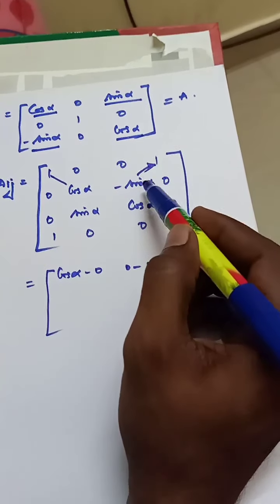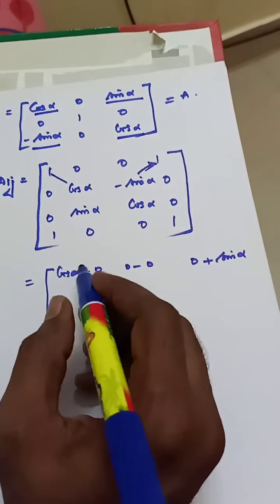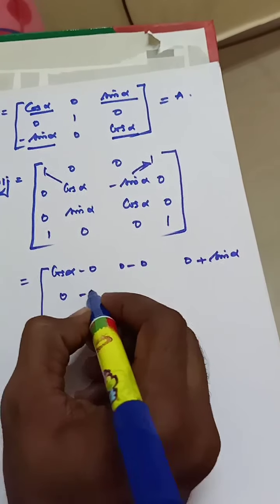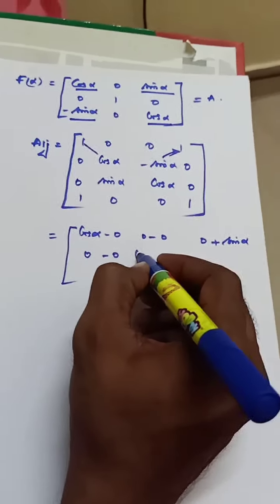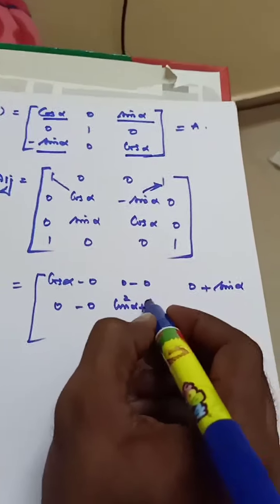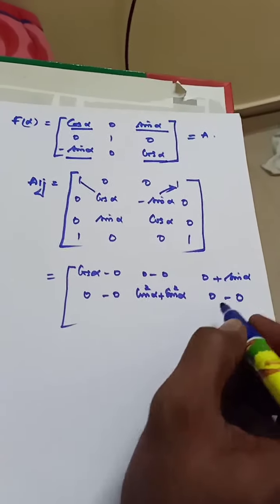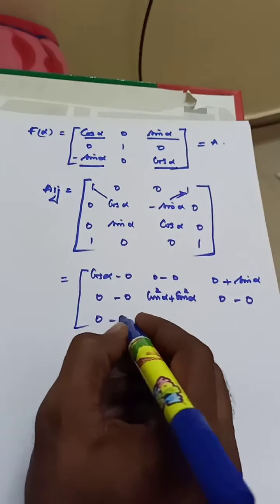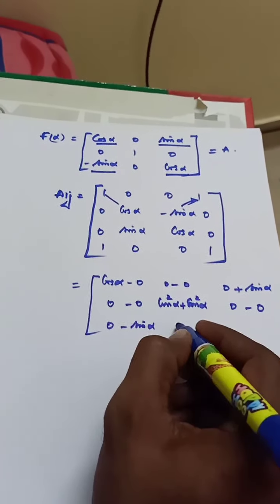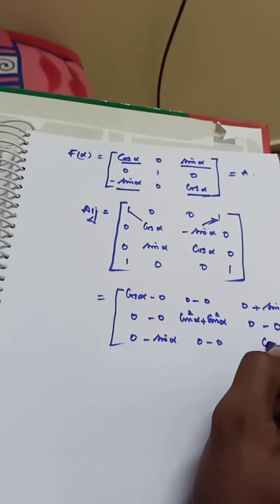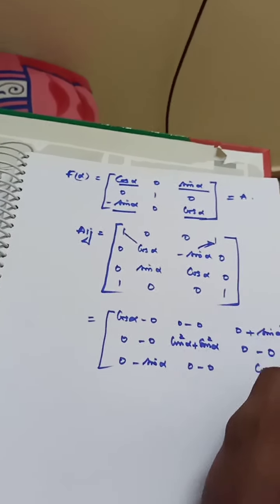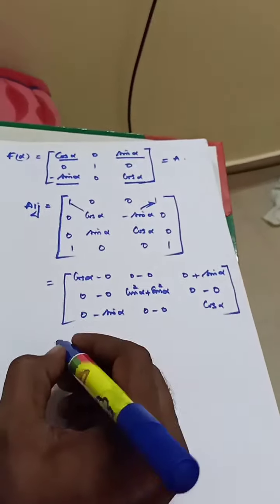Already you have one minus sign, so you will get plus sign. The second one becomes 0 minus 0, and this is cos square alpha plus sin square alpha. The third one becomes 0 minus 0, and here 0 minus sin alpha, and 0 minus 0 and cos alpha. So we found the Aij cofactor matrix.